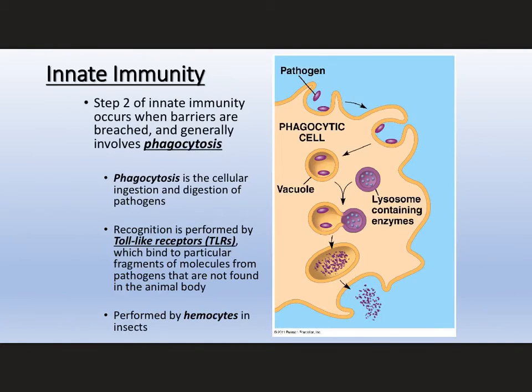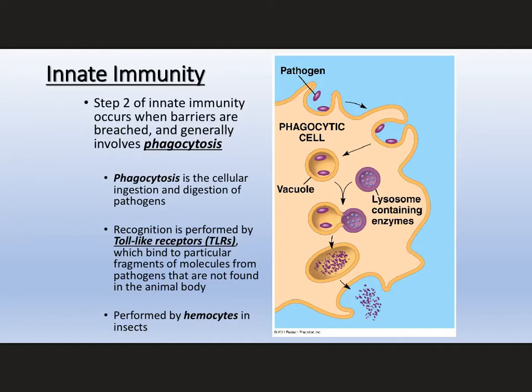The side we want to look at a little more is the cellular response side. Innate immunity also involves some cells. Again, these are non-specific, but if a pathogen is able to breach your barrier, so if you have a cut on your hand and the pathogens can get in, then you have a line of cells ready there that are non-specific.